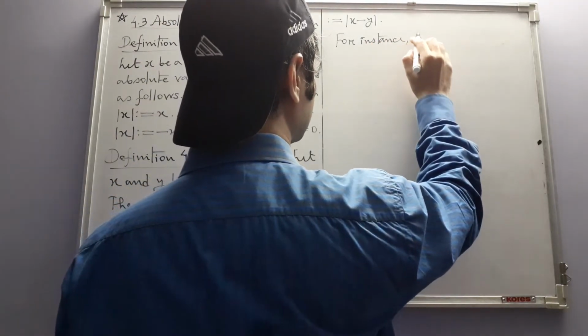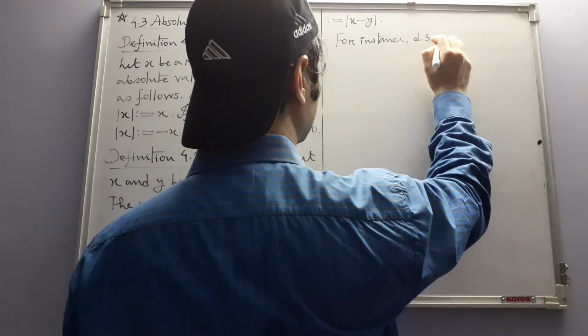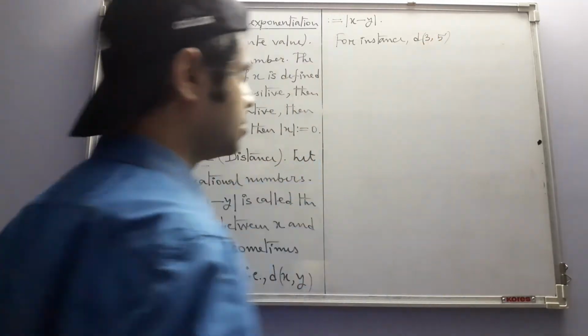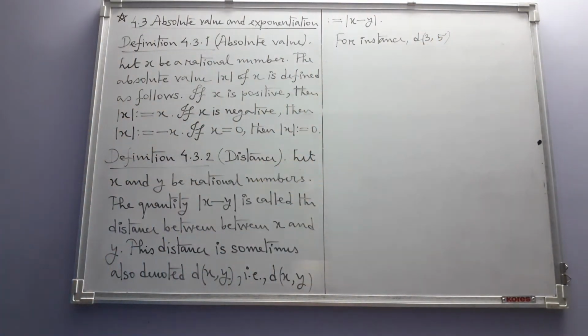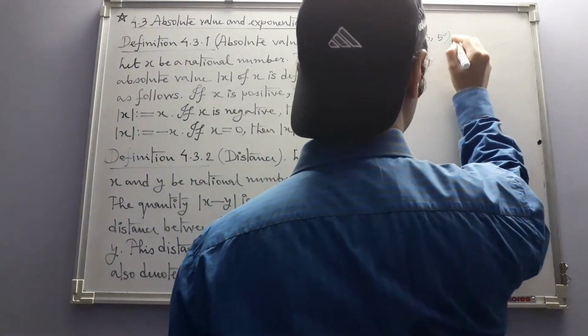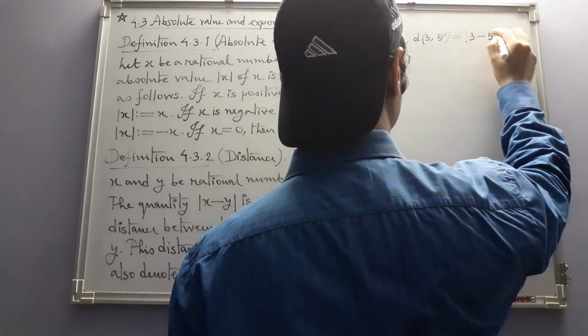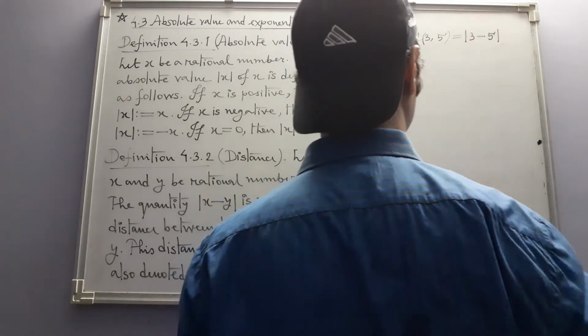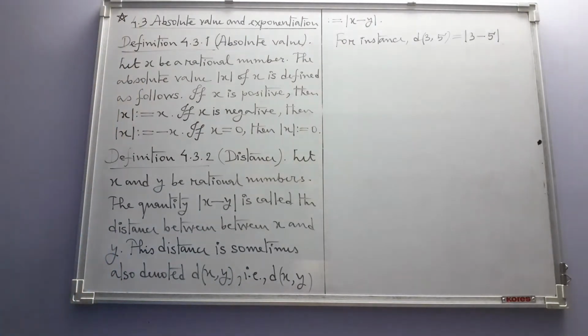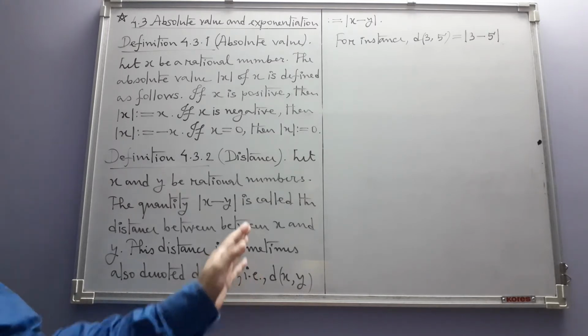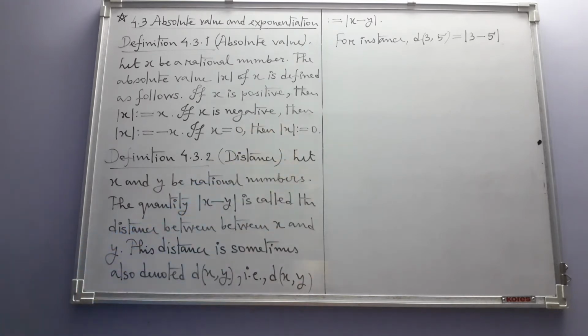For instance, distance between the two rational numbers 3 and 5 is, by definition, this: 3 minus 5. You may be tempted to write 5 minus 3, but we don't know whether that will be equal to absolute value of 3 minus 5, because so far we don't have any property of absolute value or anything. We are going to see those properties.